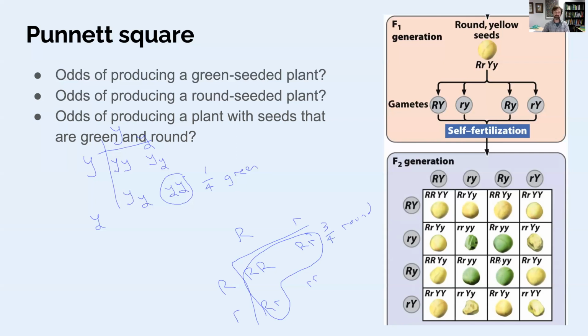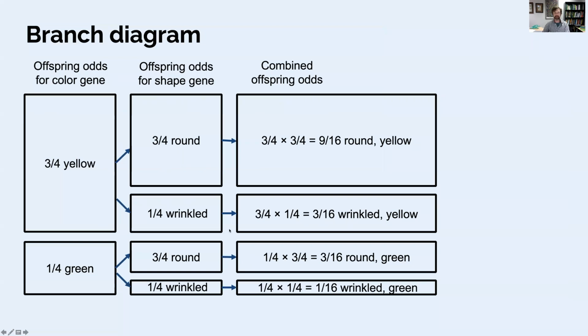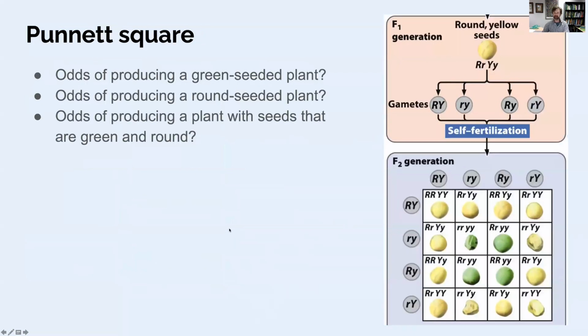So plants with green seeds and round seeds, that was 3 out of 16. So 3/16 green and round. And we're going to see that this is related to the combination of green and round.